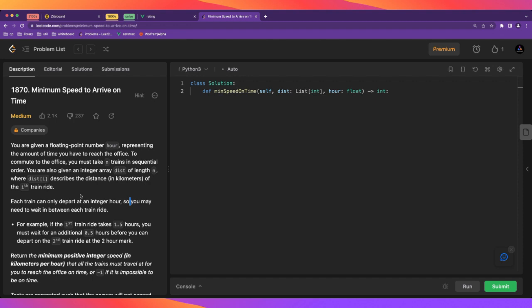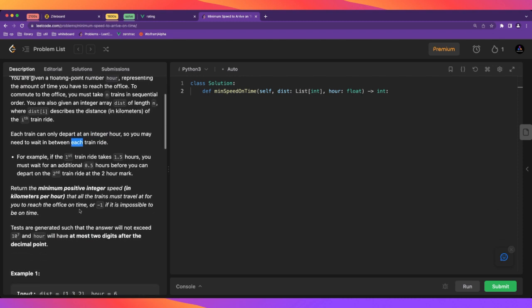And here an important part is that each train can only depart at an integer hour. So here you get an example: if you take the first train, it takes 1 hour and a half, then you have to wait half an hour more to take the second train, and so on.